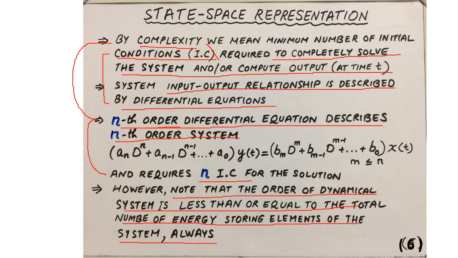So in all previous examples, the order of the system was exactly equal to the number of energy storing elements. But later in this course, and I think that will be in the lab exercises, we shall see examples where the order can actually be less than the number of energy storing elements.